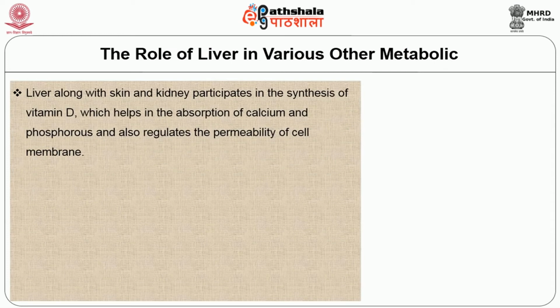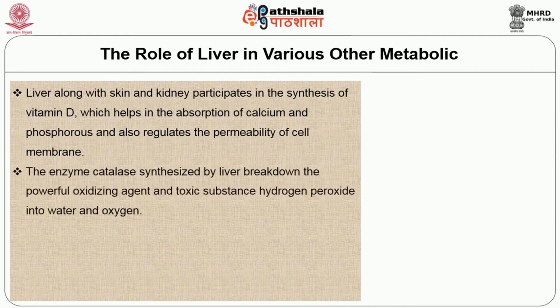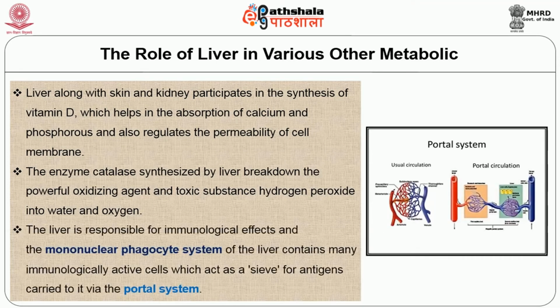The liver, along with the skin and kidney, participates in the synthesis of vitamin D, which helps in the absorption of calcium and phosphorus and also regulates the permeability of cell membrane. The enzyme catalase synthesized by the liver breaks down the powerful oxidizing agent and toxic substance hydrogen peroxide into water and oxygen.